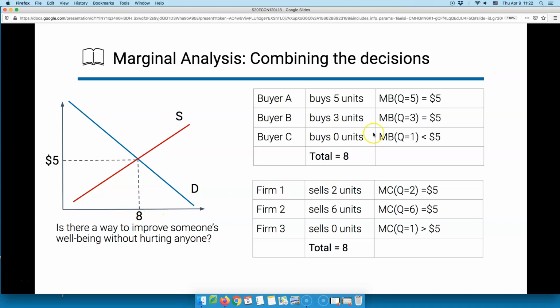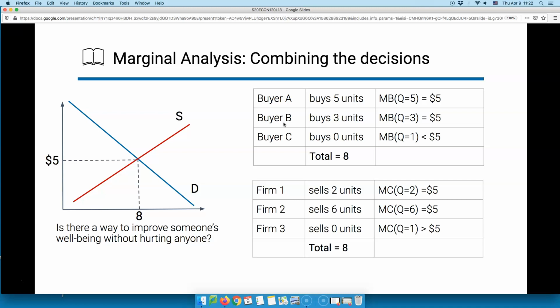Finally, can we somehow reallocate units and make people happier? Not really. If we take units away from the buyers who are buying a lot and give some to the buyer who is not buying much, the buyers who we take the units away from will be hurt because we take benefits from them.